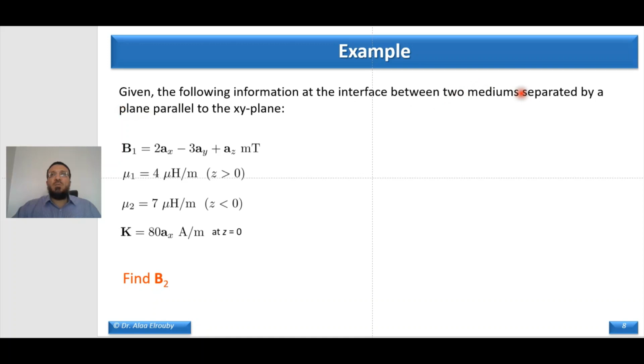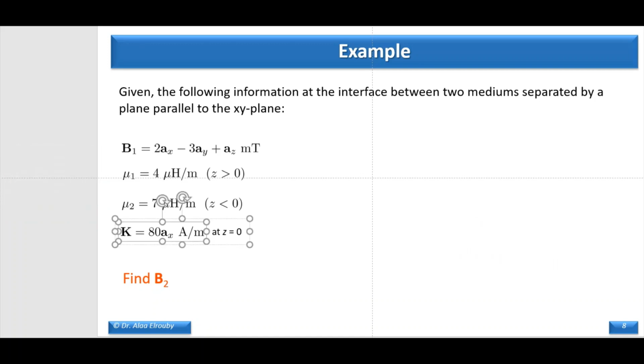The two media are separated by the xy plane, so the xy plane is our boundary. So the normal component is the z component, the tangential component is the xy component. So I gave you enough hints. Please pause the video, try to solve this example yourself, then come back to the video.